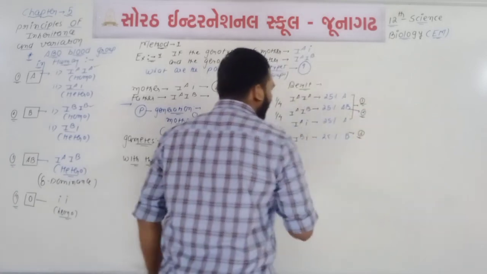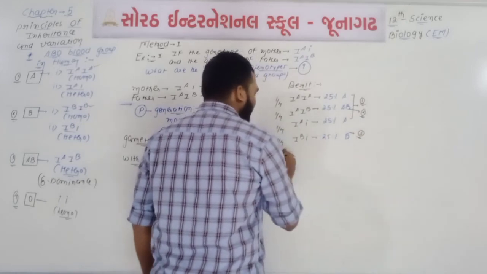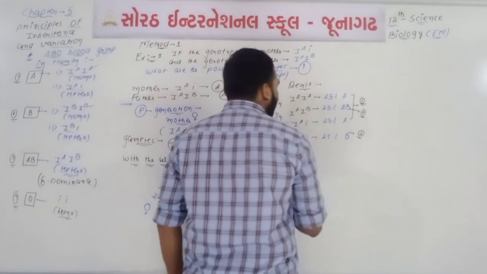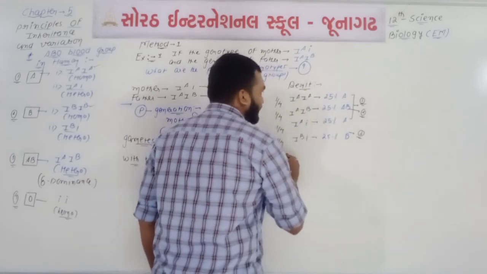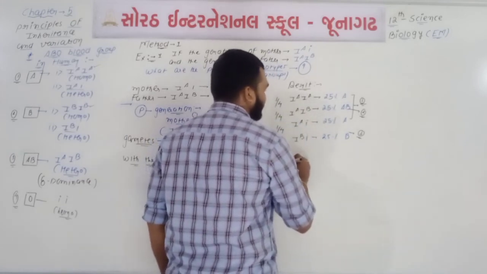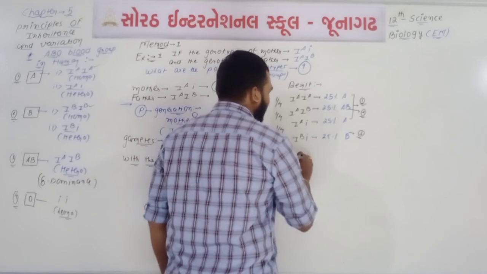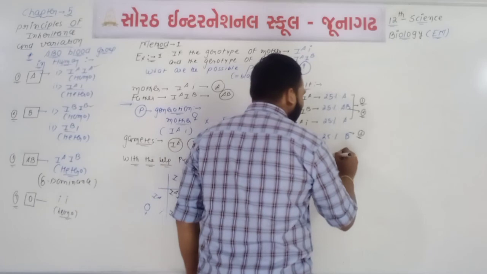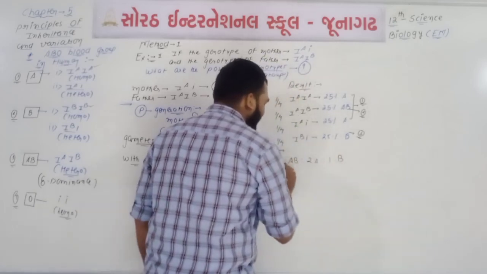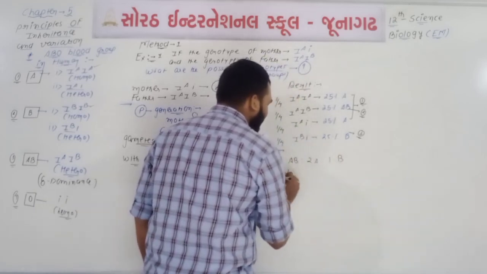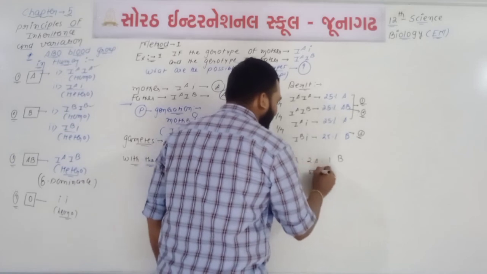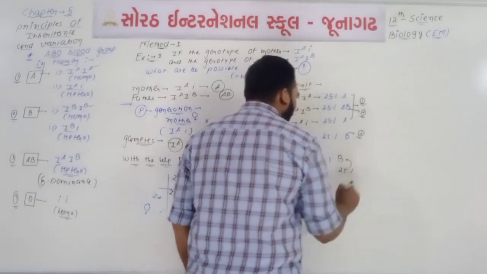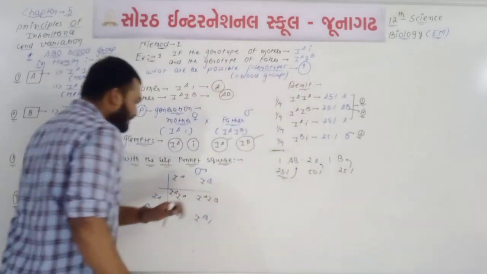It means in result, 1 blood group AB is to 2 blood group A is to 1 blood group B. So 25% possibility of blood group AB, 50% possibility of blood group A, and 25% possibility of blood group B. It will be the answer.